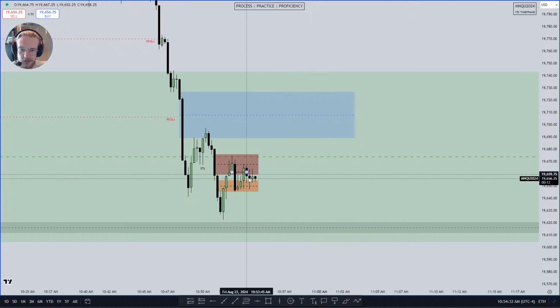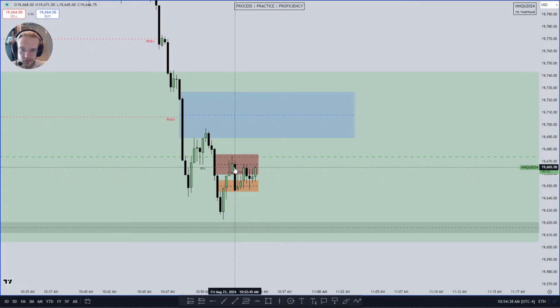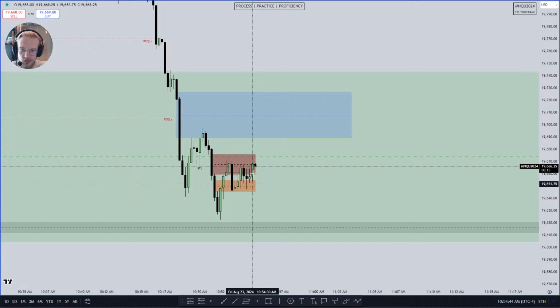So far, I like it. We've come back up into this last down up close candle before the sell-off. I would like to see a strong move down.